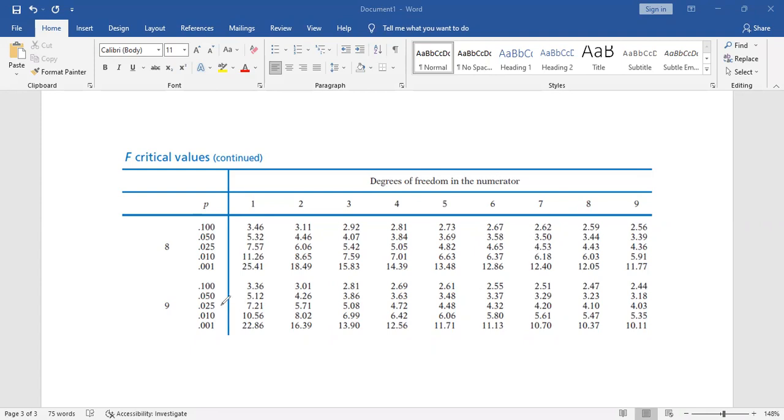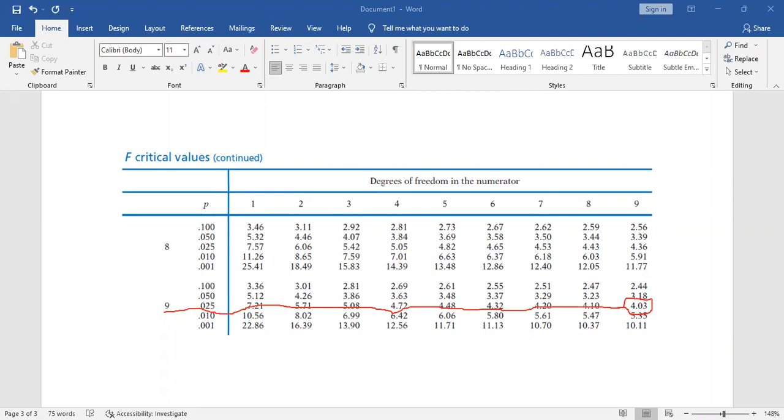Where 9,9 are meeting is at that value, 4.03.